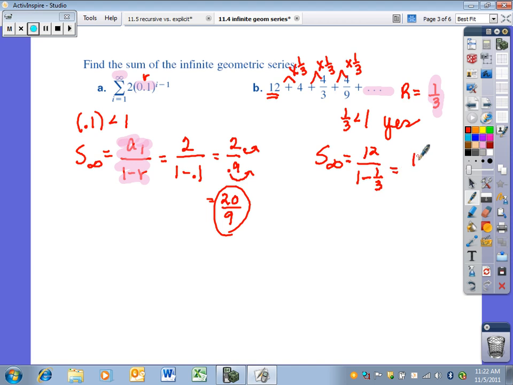So this becomes 12 divided by 2/3, which means 12 times, because dividing by a fraction is the same as multiplying by its reciprocal, 3/2. And this reduces to 6 times 3. 18 would be my infinite sum here.